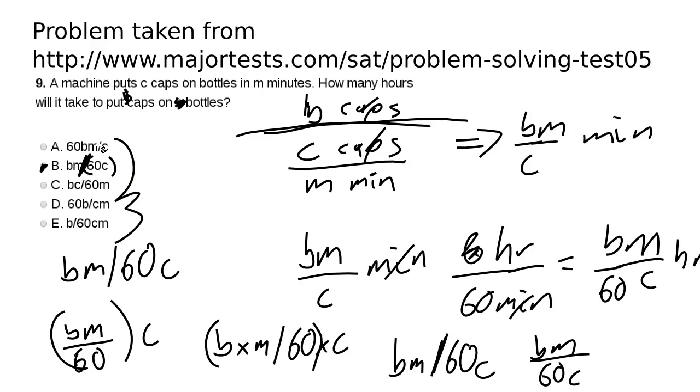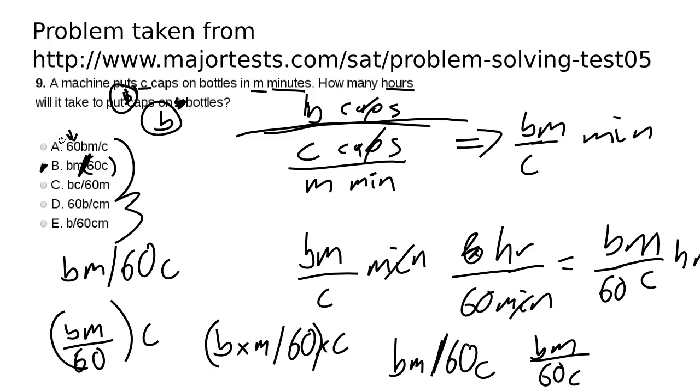The only choices are C, M, B, the number of bottles we're trying to bottle, the number of caps that the machine can do in M minutes. Each of these variables has a role to play in the answer, and the conversion from minutes to hours clearly is going to involve the constant 60 somewhere.